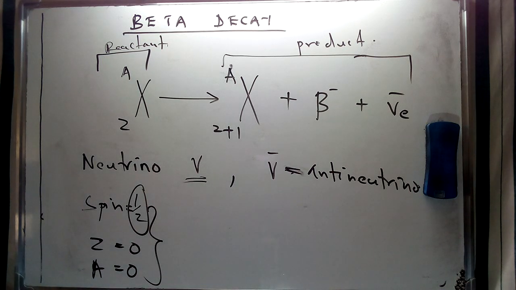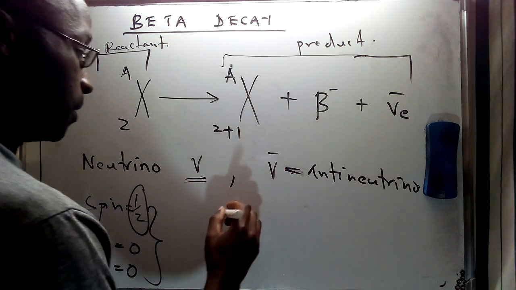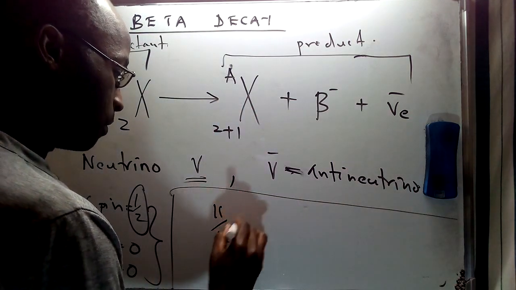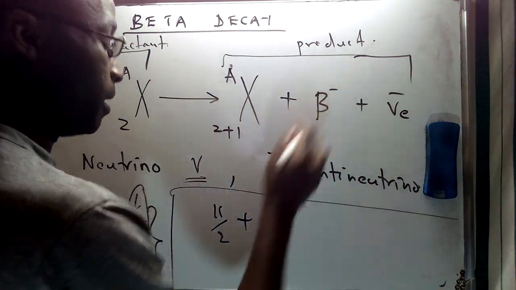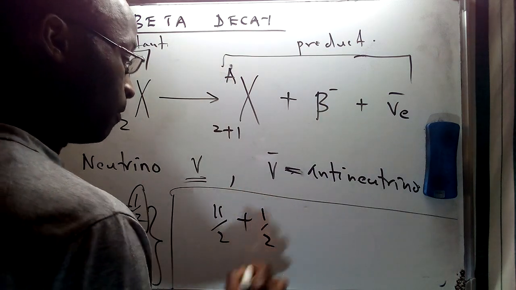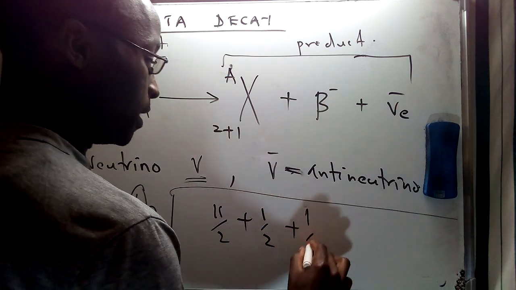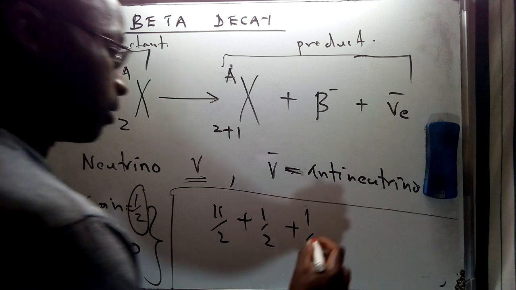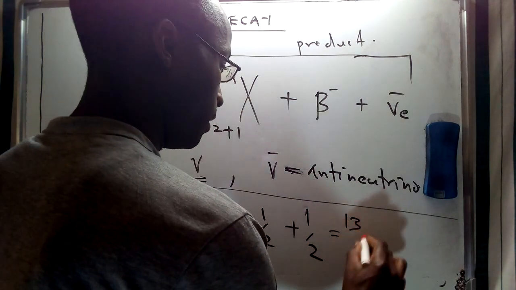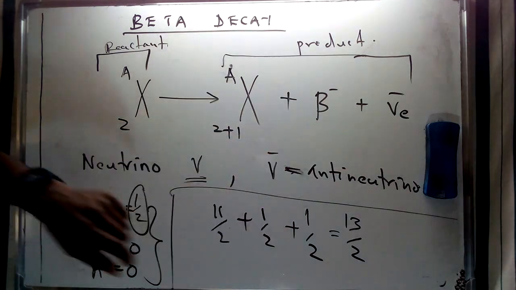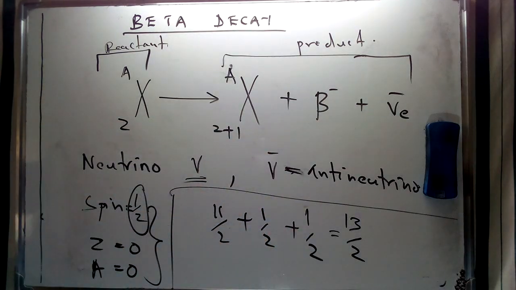For the product side, we're going to have the spin of this daughter nuclide, which is 11/2, plus the spin of an electron, or the negative beta, which is basically an electron, which is a half, and then the spin of this neutrino being given as negative half. So this is going to give us 13/2 for the product side, so that these three products give us a total spin.